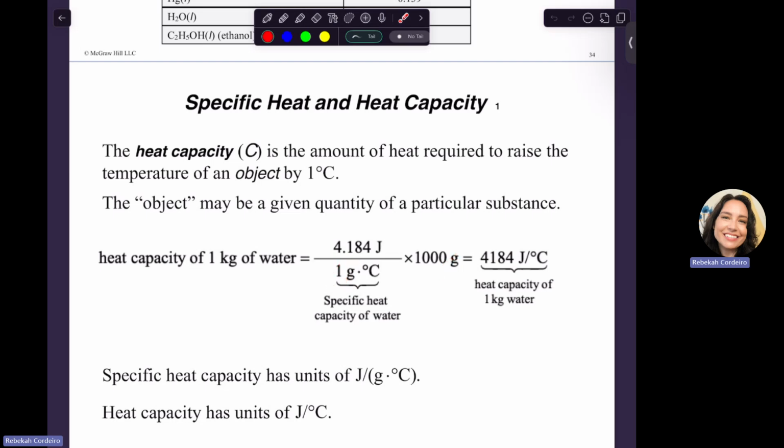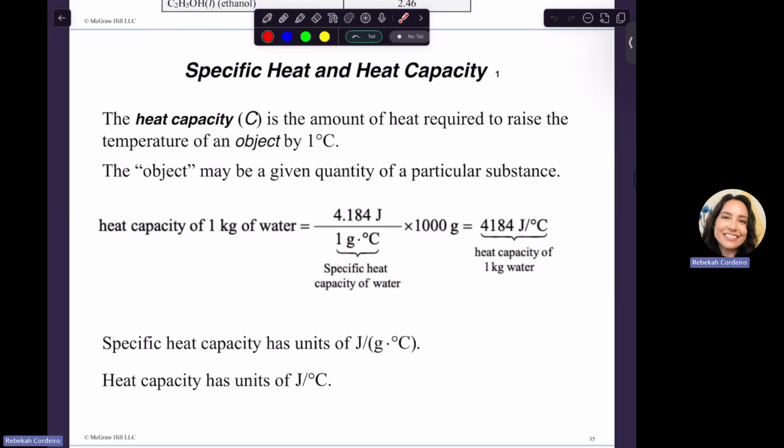If grams are on the bottom, I need to multiply by the number of grams. A kilogram is 1,000 grams, right? So we're using dimensional analysis all the time and watching our units. Your units always matter. So don't let me catch you with naked numbers, except for pH and certain constants that don't have units. So that's the big difference there.